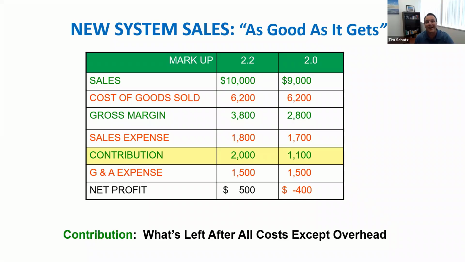This is what I was saying: these are not the transactions themselves that we're going to make a ton of money on. But look what happens on the right when we lower the price to $9,000. We're upside down. When I do this example for the salespeople, I'll run through this and ask them, okay, so you all get it? You see what's happened here?